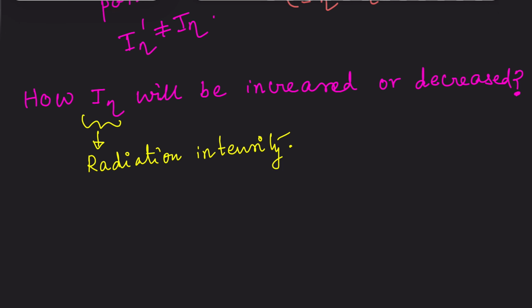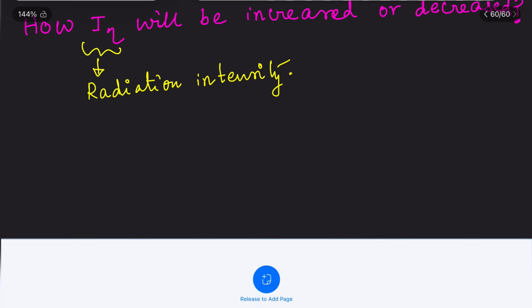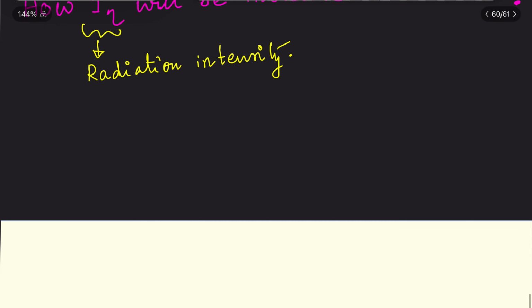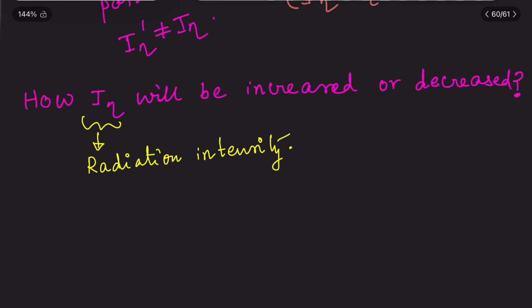So if I have to increase or decrease the radiation intensity, now if I have to increase I_η, then my option is to add energy, or more specifically, add radiation energy.